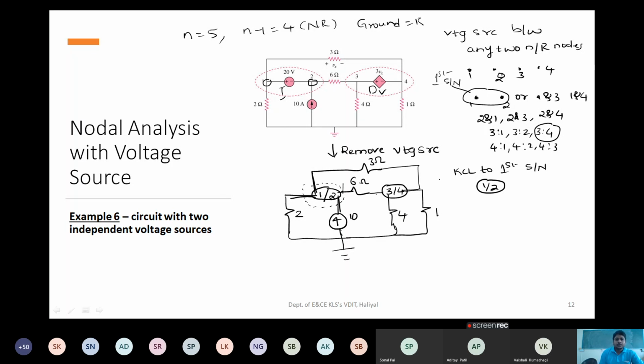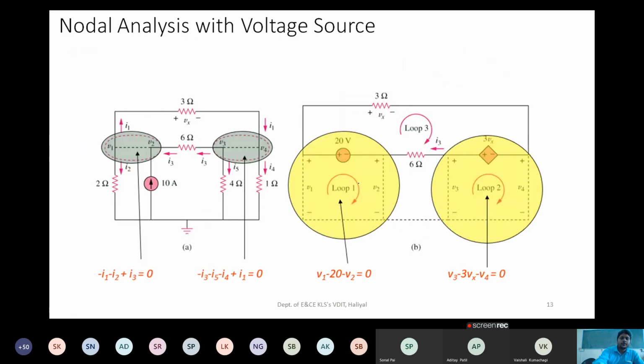Where it is getting connected, you have to define it here. That is shown in the next slide. You can define the currents as per your assumptions. Here they have defined it as I1, I2, I3, and here it is I3, I5, I4, and I1.